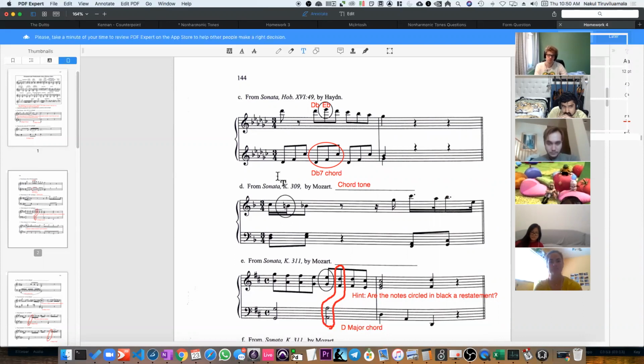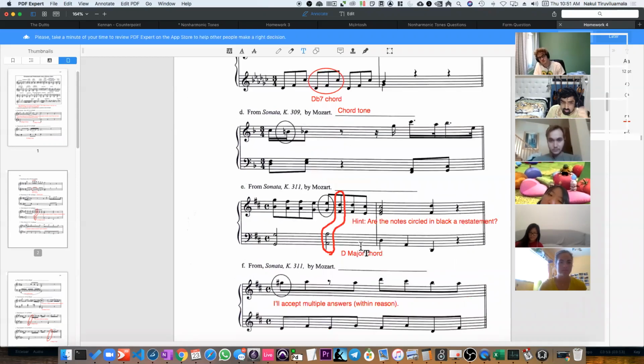There's not enough information to really know. So I just called it a chord tone to show you that it could be in that particular case. I guess it could go both ways. This is an ambiguous example, so I wanted to put my 2 cents in there.